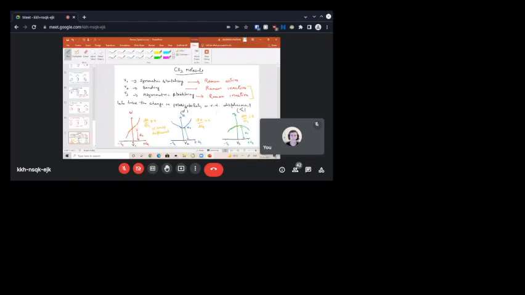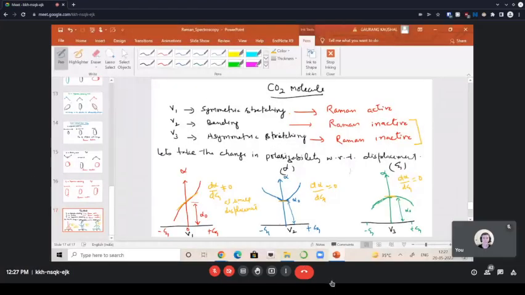But what has been observed is that the symmetric stretching mode has the intense Raman line. The symmetric stretching mode will give you the highest intensity of the Raman line in both cases. In H2 molecule, the bending mode and asymmetric stretching mode are both Raman active, but their intensities are found to be very weak.